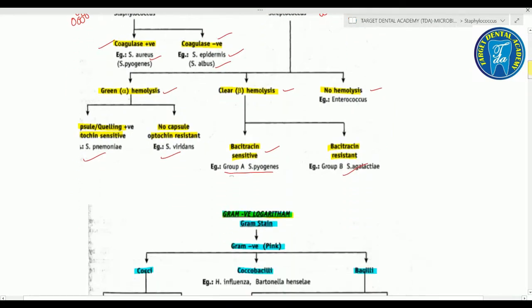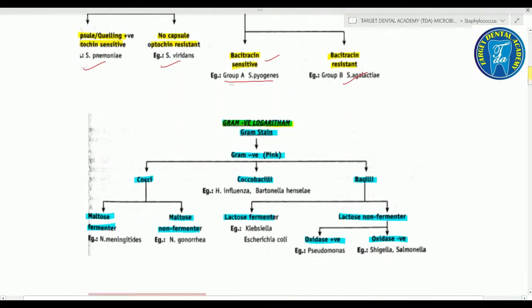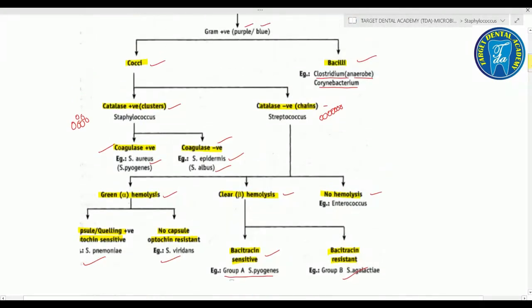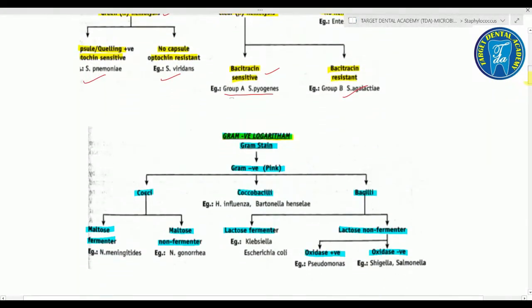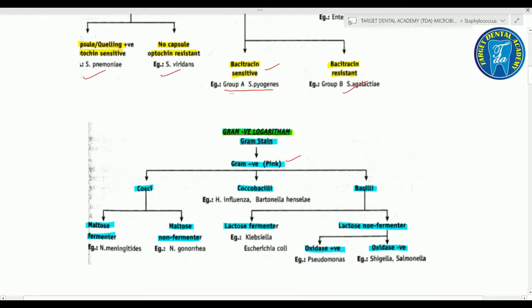Now let's discuss the gram-negative bacteria. Gram-positive bacteria stain purple or blue, while gram-negative bacteria stain pink. They are of three types: cocci, cocobacilli, and bacilli.